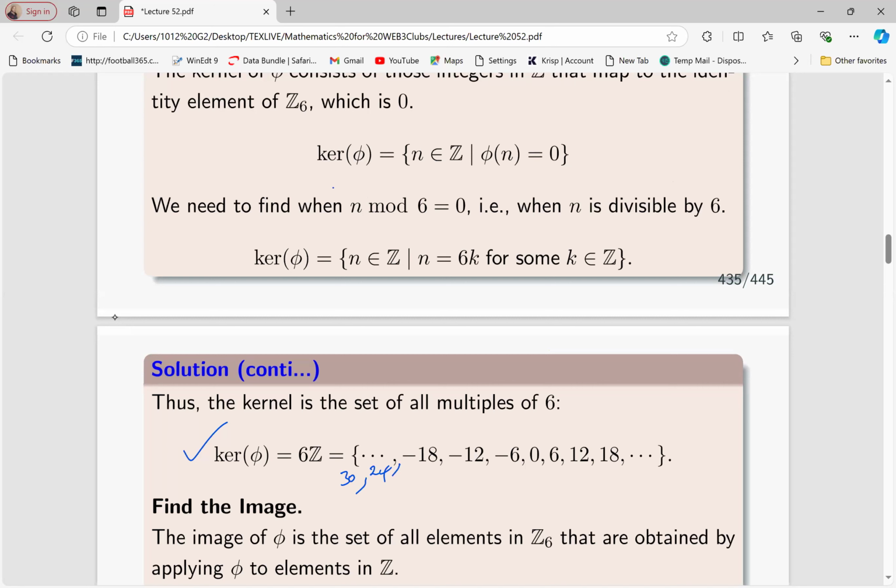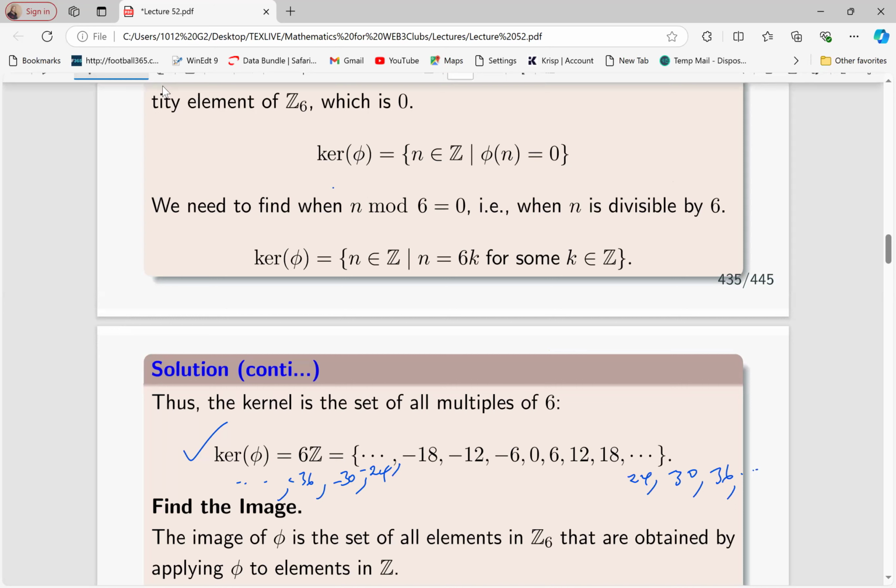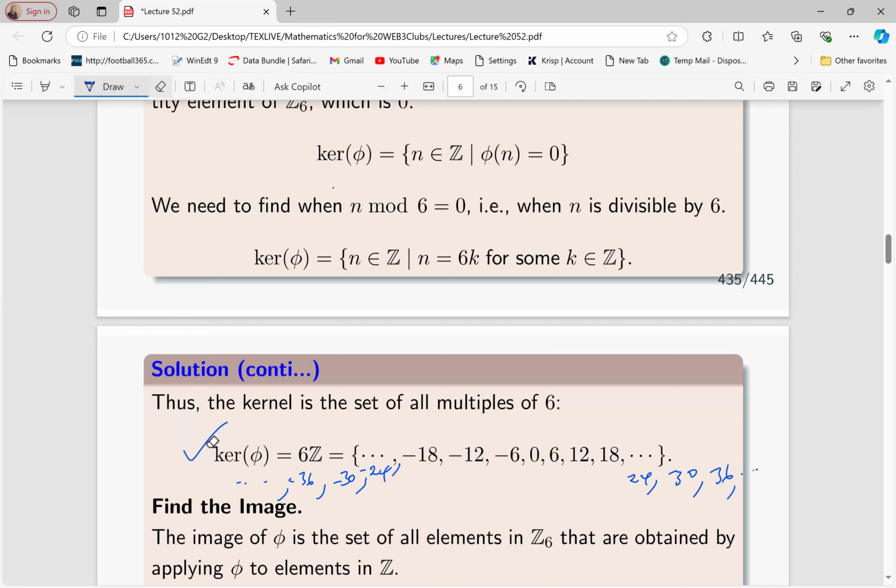Even negative 36, and so on. And this side, we can also increase the same thing. 24, 30, 36, and so on would comprise the kernel. So the most important thing is knowing the definition of the homomorphism.